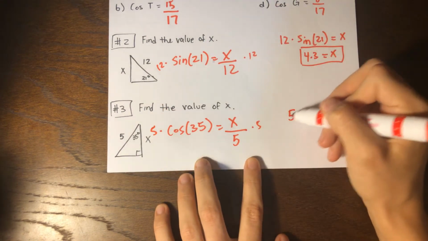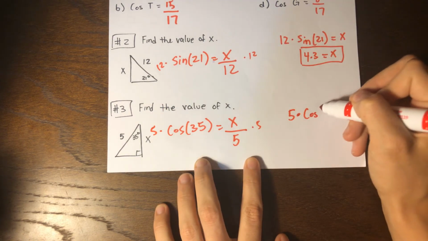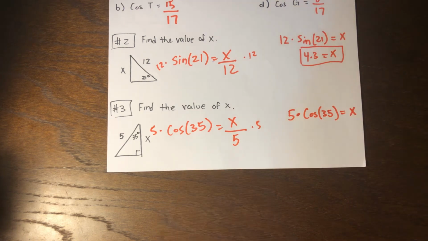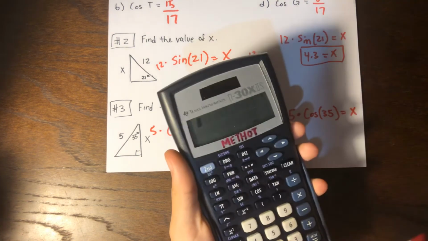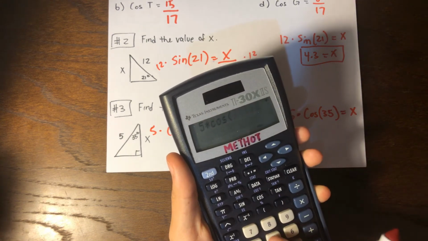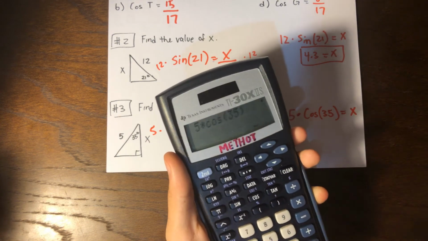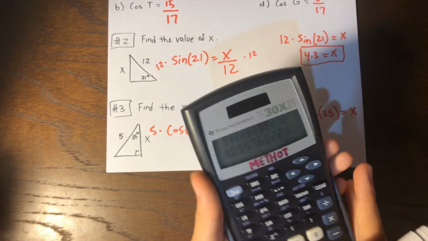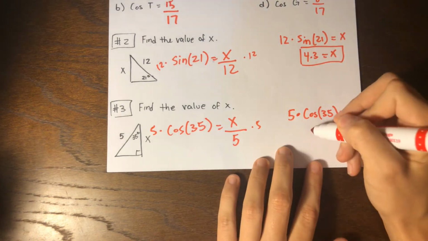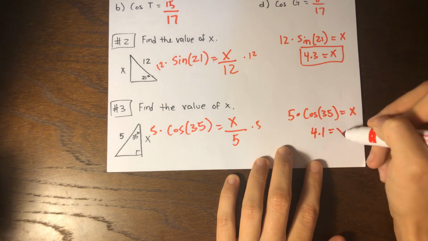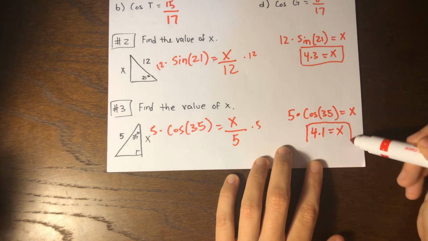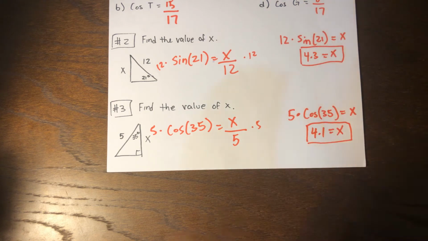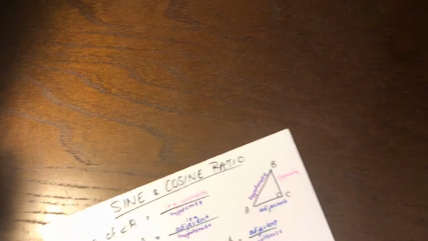So I have 5 times the cosine of 35 is equal to x. 5 times the cosine of 35 is 4.09, so we'll round that to 4.1. Exactly how you see it here is exactly how you type it into the calculator. Okay, let's move on to the next one.